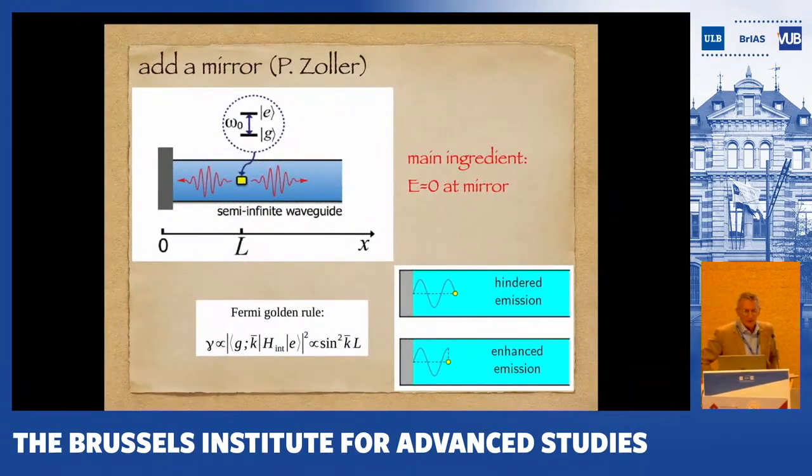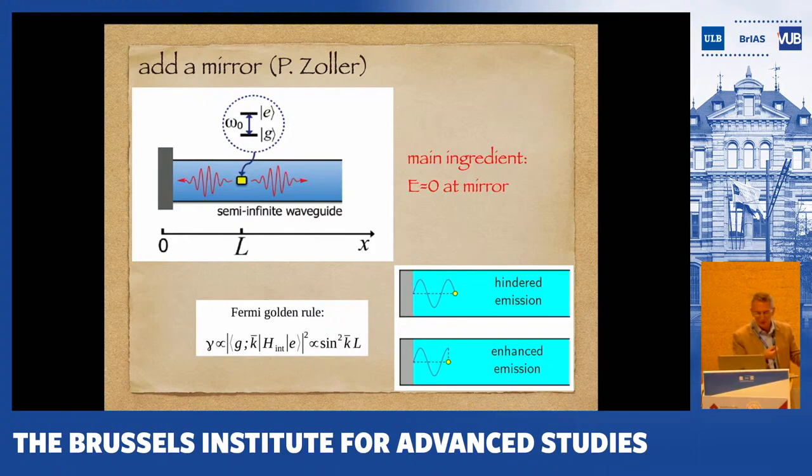Now, one of the reasons why I thought that this system is interesting is a paper by Peter Zoller, which is already maybe 15 years old, in which he looked at a waveguide and put a mirror at the end of the waveguide. Depending on the distance between the atom and the mirror, the emission can be hindered or enhanced.